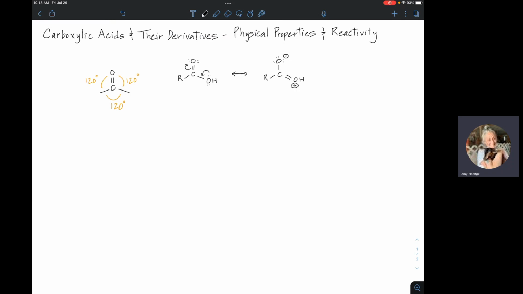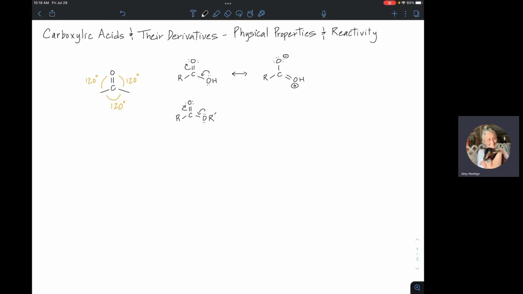The same thing can be done for an ester. So I can delocalize electrons. I'll just put a little prime here to say this doesn't have to be the same R group, but maybe it is. Delocalize electrons up into the carbonyl. Remember, we have polarity about this carbonyl, right?